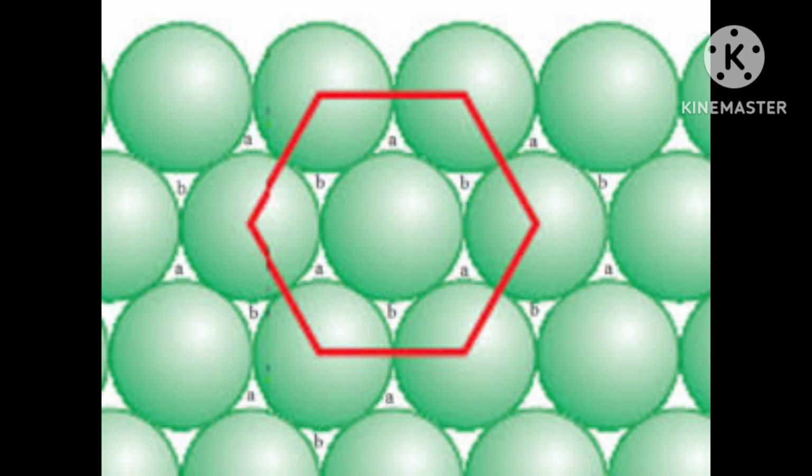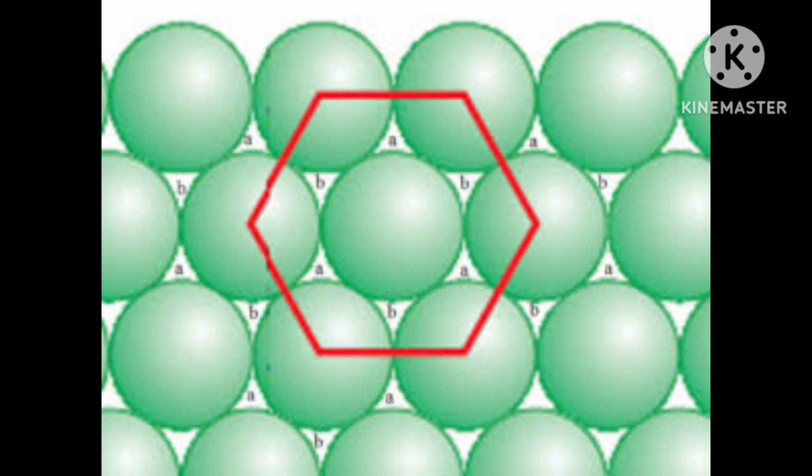Then you will see, in the center, from any one face, you will find that between the 4 spheres in the middle one gap is there. It will form just like a cube structure.